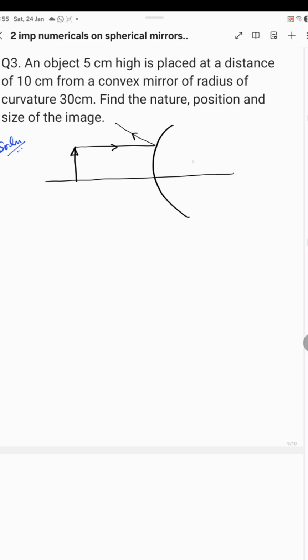If you look at the ray diagram, we can understand the nature of the image which is being formed here. So the image formed is virtual and erect on the right hand side of the mirror. Let's see the given values.